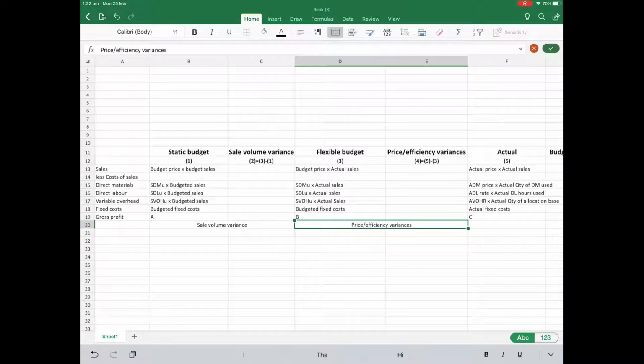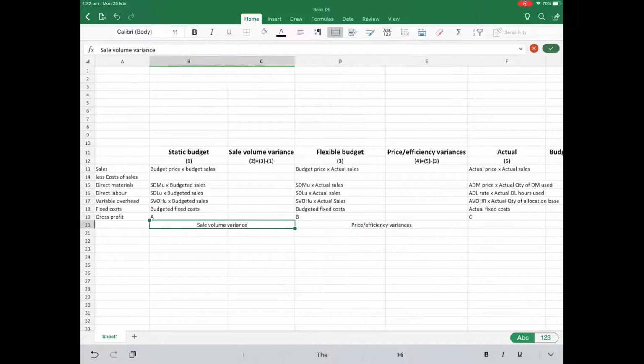So the first thing of analyzing a variance is just to have these three: static budget, flexible budget, and actual, and then calculate the difference between static budget and flexible budget, between flexible budget and actual, and between static budget and actual, so that we have a rough overview of what is the amount of variance that is most significant and most strange, so that we have to look into.